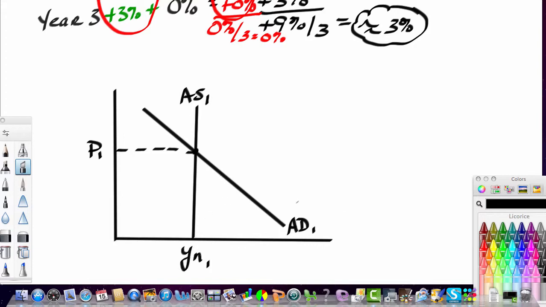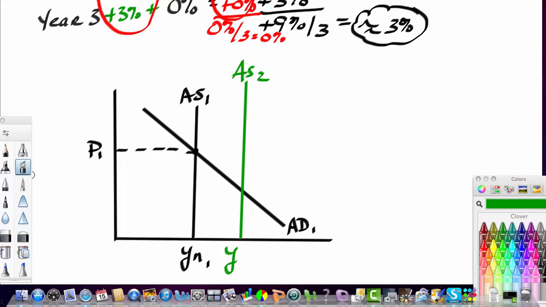YN1. Okay, now let's assume that the aggregate supply curve is growing at a rate of 3%. So we'll shift it to the right, and we will call this AS2. This is YN2. That was my hand's fault, not my fault.